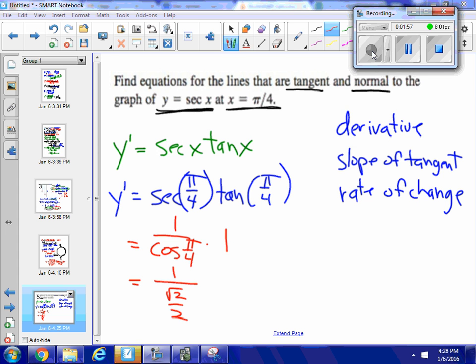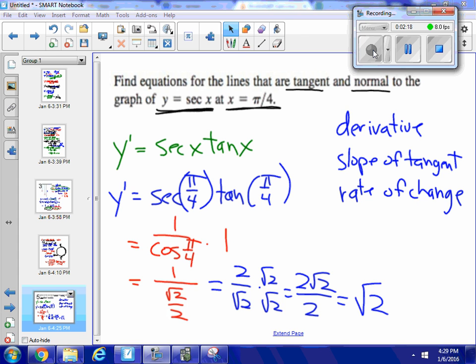I want the reciprocal of that, which is 2 over radical 2, and I'm going to rationalize it. I get 2 radical 2 over 2, and it's radical 2. So my y prime at pi over 4 is equal to radical 2.